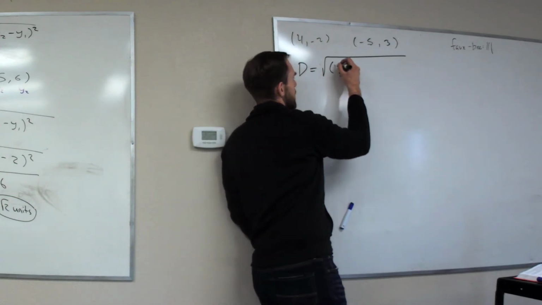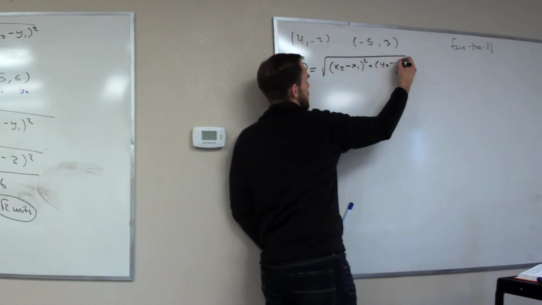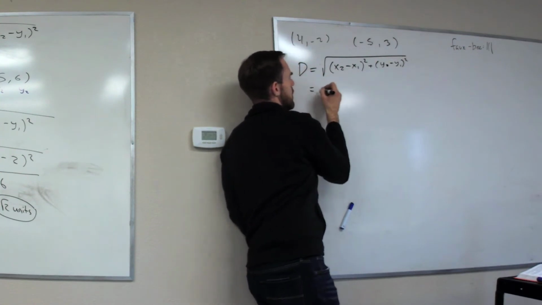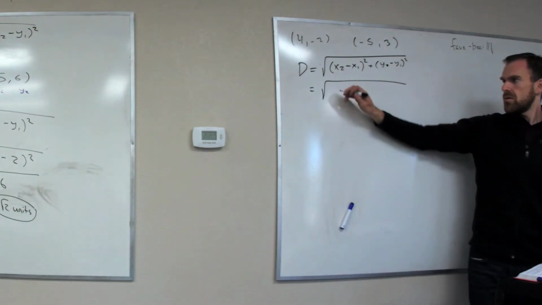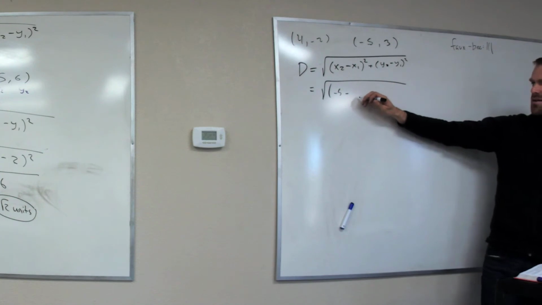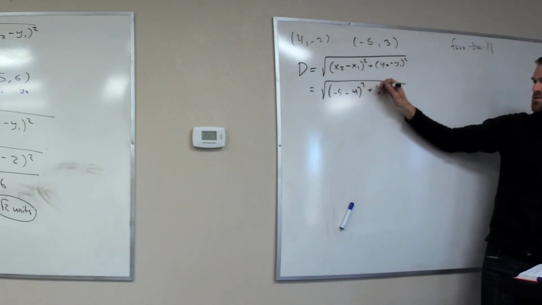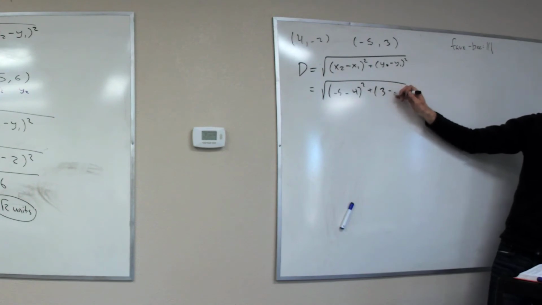Okay, so we have x2 minus x1 squared plus y2 minus y1 squared. Then we plug in. What's x2? -5 minus what's x1? 4, squared. What's y2? 3. What's y1? -2, squared.